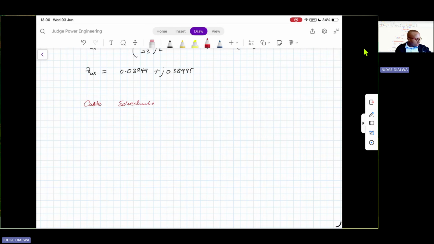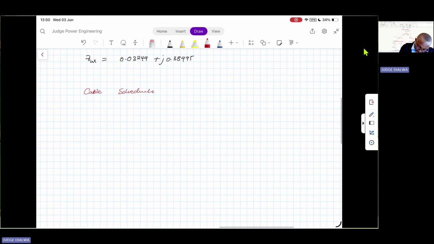Okay. So cables 1 to 6, these are 3 single core conductors of size 70, with the length of 50. That's 50 meters. The length is in meters.